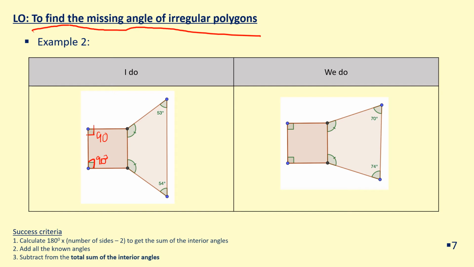Now let's just remember that rule for why we're using 180 degrees in step 1 is because we can split this shape into triangles, and all triangles equal 180 degrees. And we need to multiply that by the number of sides, subtract 2.